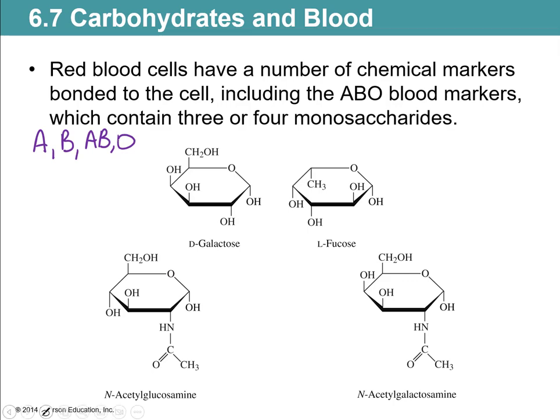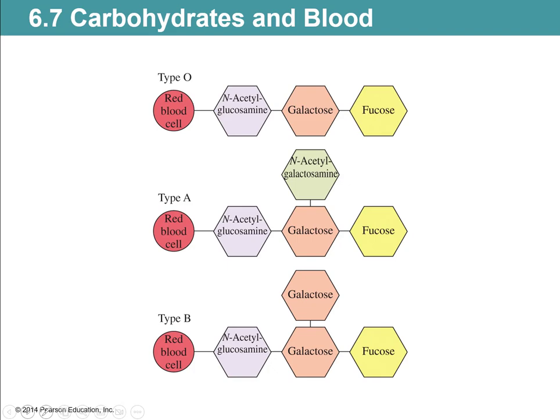I'll give you type O first, so this is me. If you're type O, your red blood cell has a set of 3 sugars attached to its surface. I don't mean you only have one of these; the surface of my red blood cell has lots of groups of these 3 sugars on it.